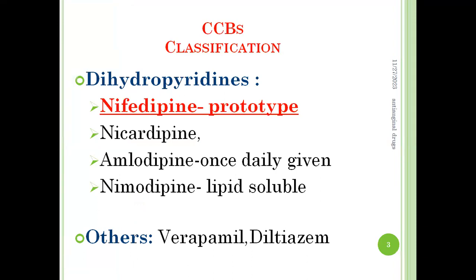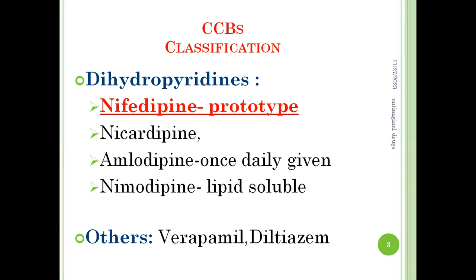Classification of calcium channel blockers. These are dihydropyridines and other agents. Dihydropyridines include nifedipine, nicardipine, amlodipine, and nimodipine. Nifedipine is the prototype agent.